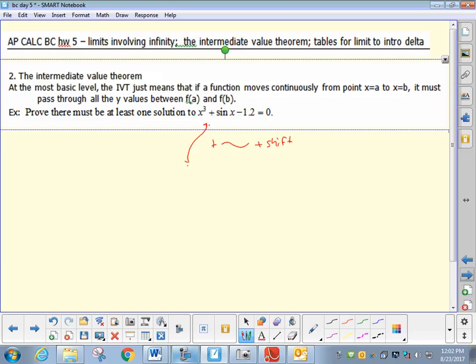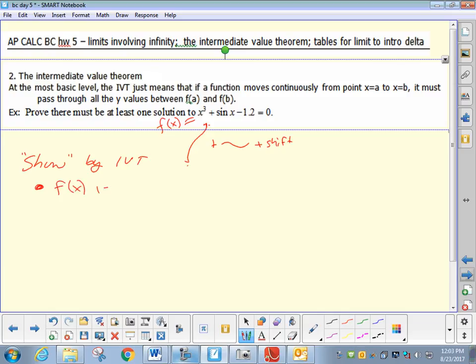Now, in terms of what I need to show, when you are showing something by the IVT or any theorem, you must first meet the conditions for the use of that theorem and say they are met. I'll let f of x equal this so I don't have to write all that stuff. Is f of x continuous? Yes.